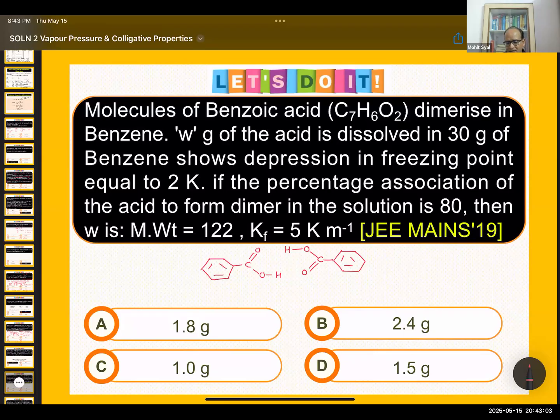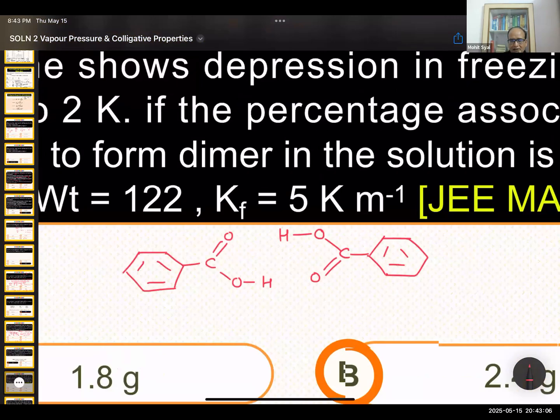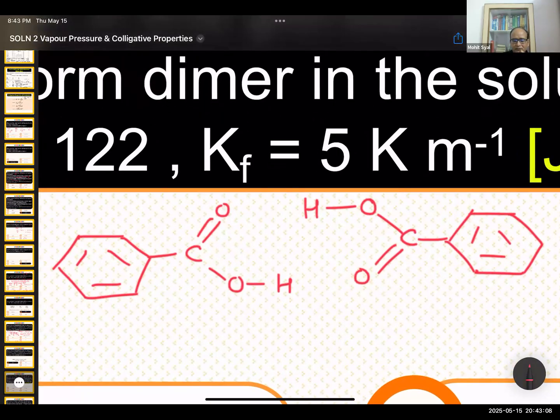This is oxygen. I hope everybody can see this. Oxygen has partial negative charge. It has lone pairs. Hydrogen has a partial, delta positive, meaning somewhat positive charge because it is connected to oxygen. So what happens? They attract each other.